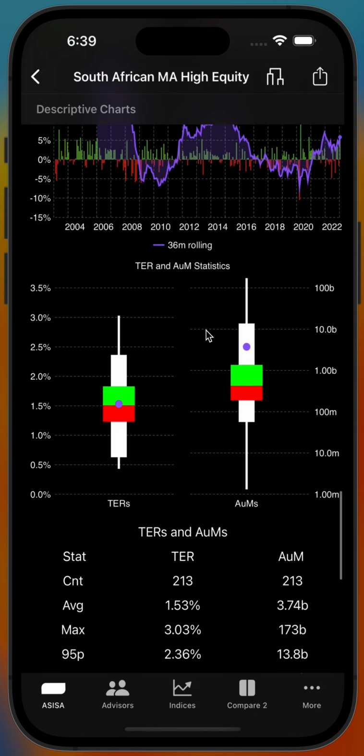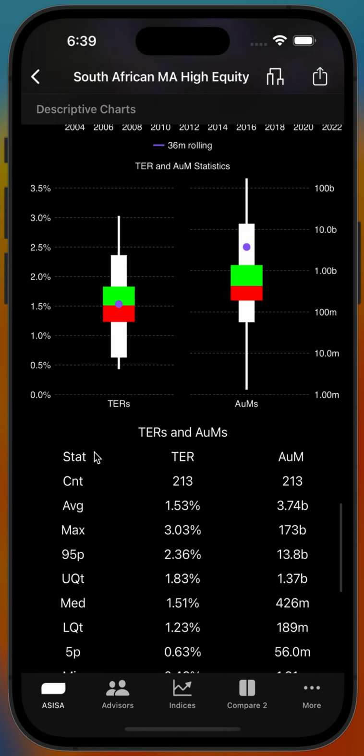Then I've got a box and whisker plot of the TERs, the total expense ratios of the funds. And again, you have to take this with a pinch of salt, because the data relies on submission by the managers, as well as the AUMs, which we've seen in the histogram above.